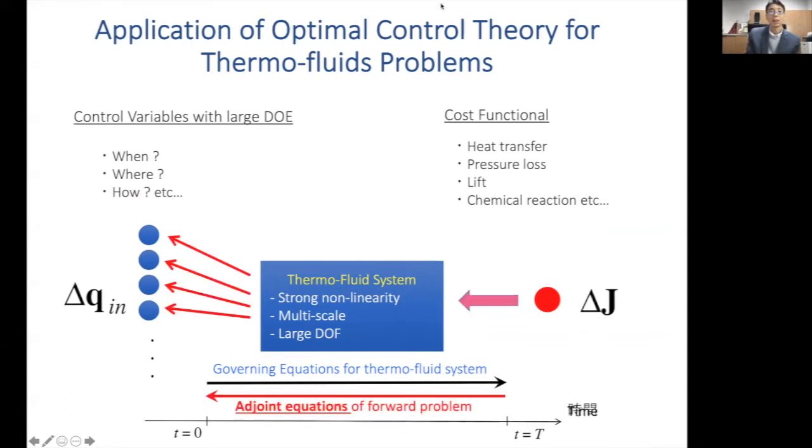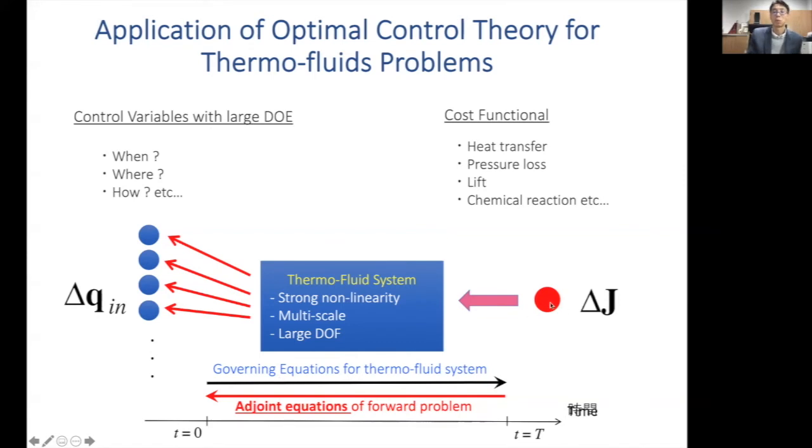So the idea of optimal control is that we consider how my inputs should be changed in order to minimize my cost function, which is the output. Naturally, in optimal control theory, you need to solve backward in time.